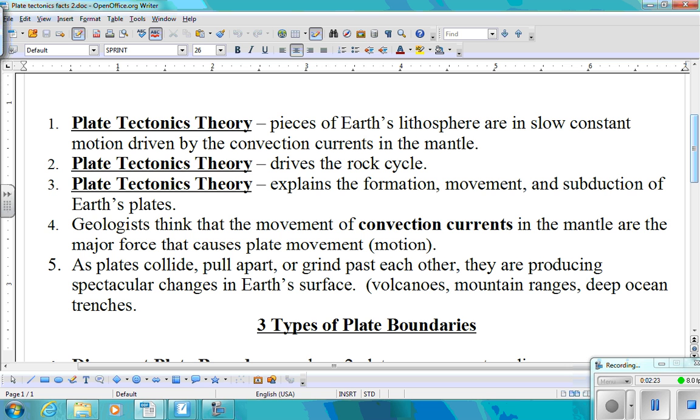As plates pull apart or grind past each other, they are producing spectacular changes in Earth's surfaces, such as making volcanoes, volcanoes erupting, mountain ranges, deep ocean trenches, mid-ocean ridges, earthquakes occurring, and the changing of rocks from igneous to sedimentary to metamorphic. All of those things are happening because our plates are moving.